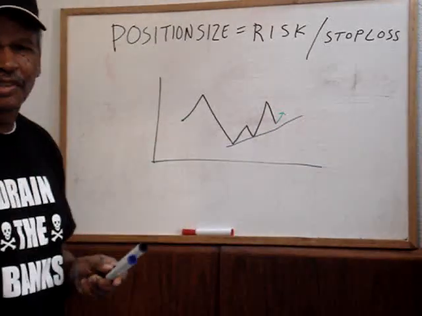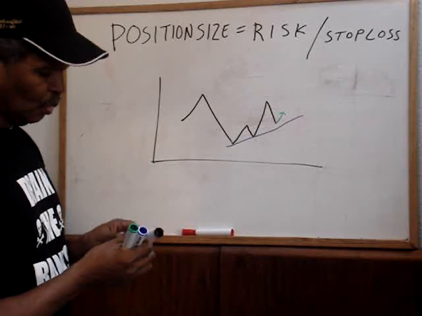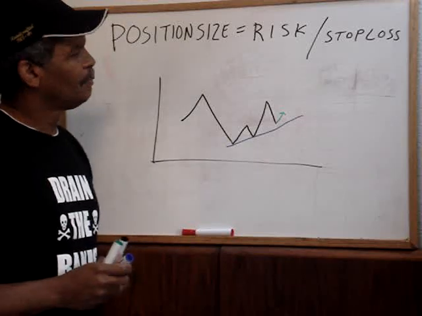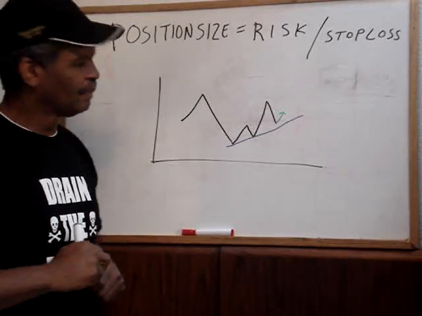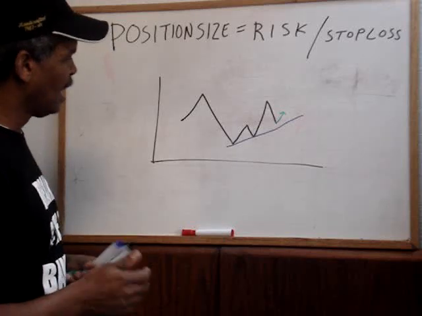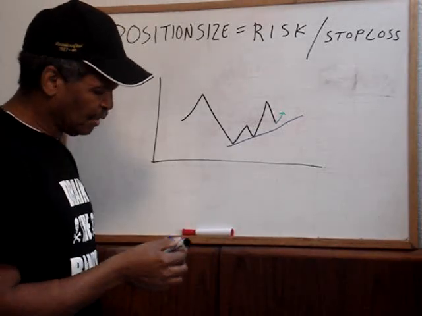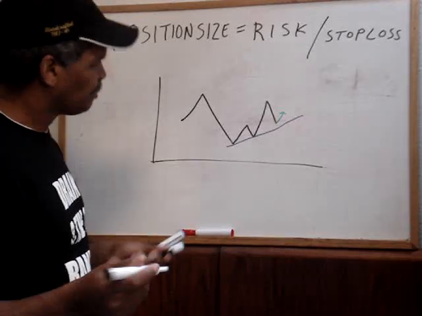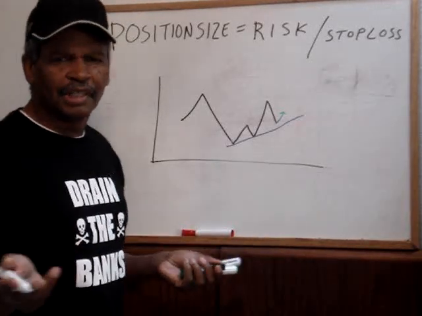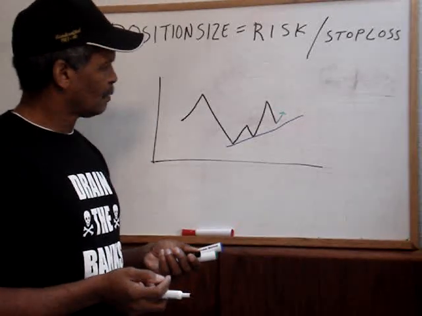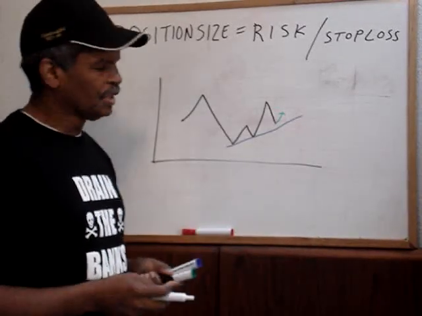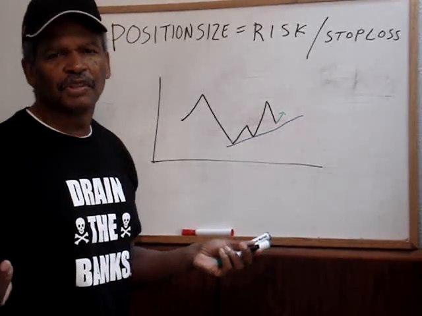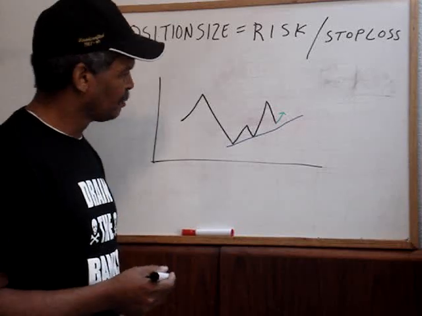Now, the question is, what's your position size, and where's your stop loss going to be? Now, a lot of times, most traders, once again, will always use the same position size. So it might result in a 10 pip stop loss if you're trading the foreign exchange, or it might be 50 cents if you're trading the stock market.